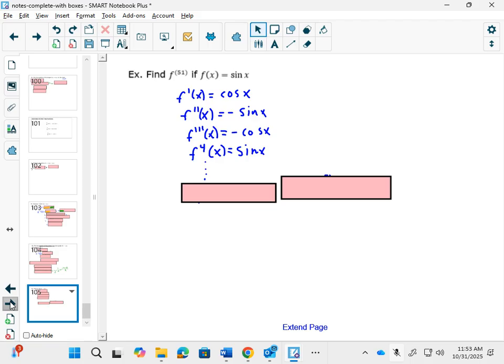What's the closest one to 51 that you'd be back to where you started from? 48. Does that make sense? Be negative cos x. 48th one would be back to where you started. 49th, 50th.